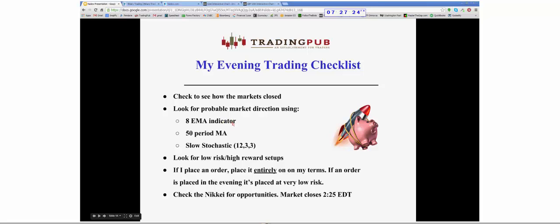The 8 EMA is the T-line. And then I'm going to look at the nighttime. I'm just going to snoop around for low risk and high reward setups if I can find them. And if I'm going to place an order before I go to bed, it's going to be on my terms entirely, which means that I'm probably going to place a pending order that has very low risk, like risking 20 to make 80. And I can sleep pretty well on that.